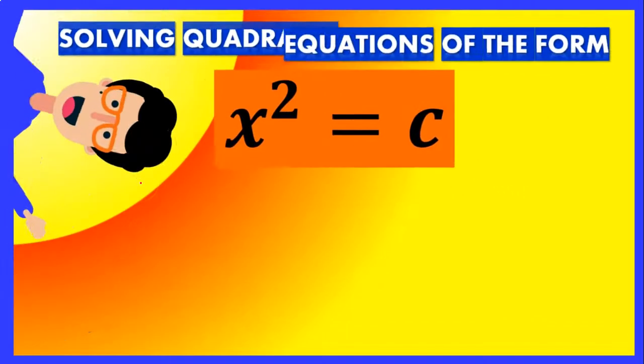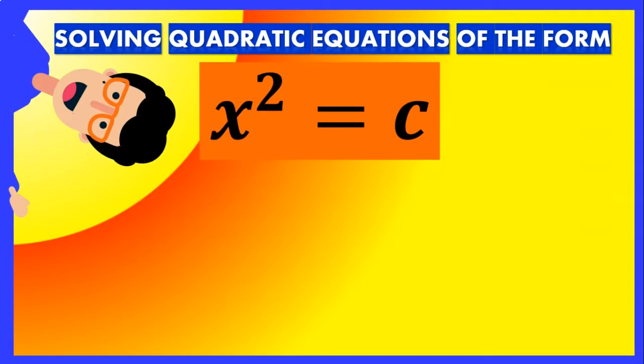So the first type of problem we're going to be seeing today is x to the power of 2 is equal to c, right? So in this case, we have an expression: x to the power of 2 is equal to c, and c can be any number. So c can be a positive number like 49, or it can be a negative number like minus 49.